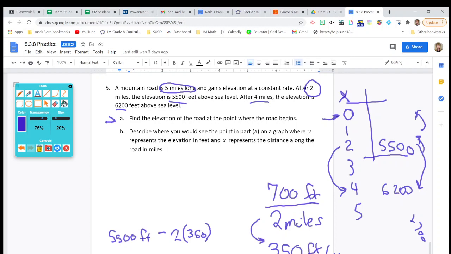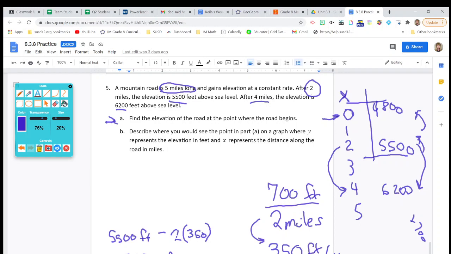So that's 5,500 minus 700. And the answer is 4,800 feet at the beginning of the road. 4,800 feet of elevation at the beginning of the road.